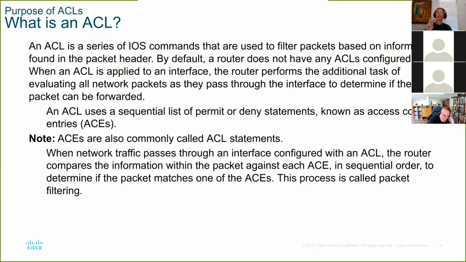So you could have two ACLs per interface per protocol. If you had a router with 3 interfaces, and you were running AppleTalk and IP, then there's 2 protocols times 3 interfaces times 2 directions.